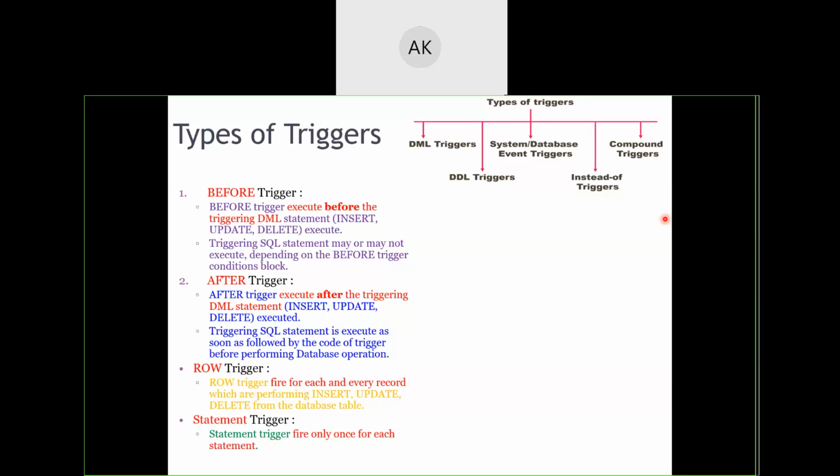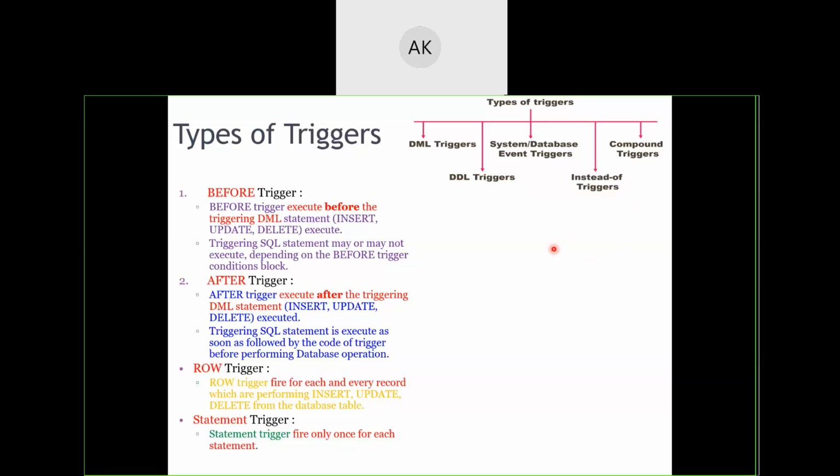Any other member? Actually, there are 1, 2, 3, 4, 5, 6, 7, 8, and 9 types of triggers that we have discussed. 9 different types of triggers we have discussed.